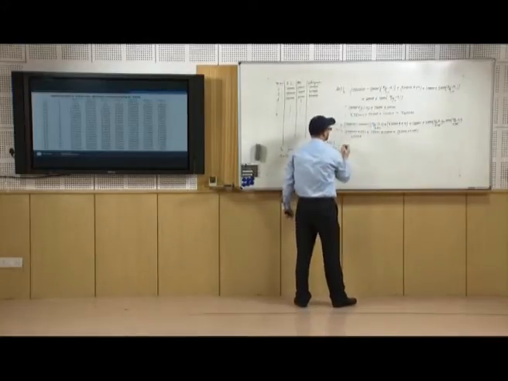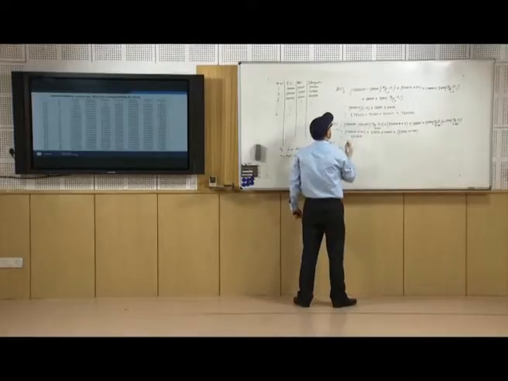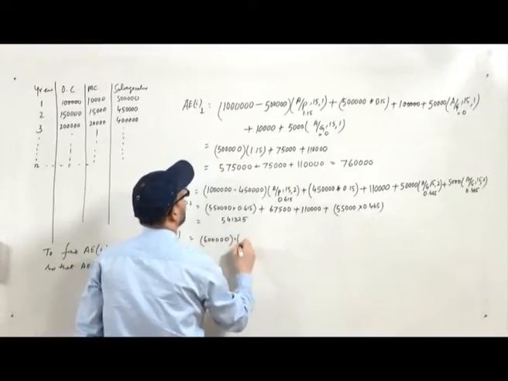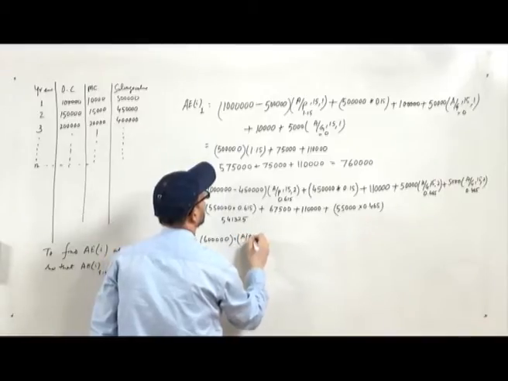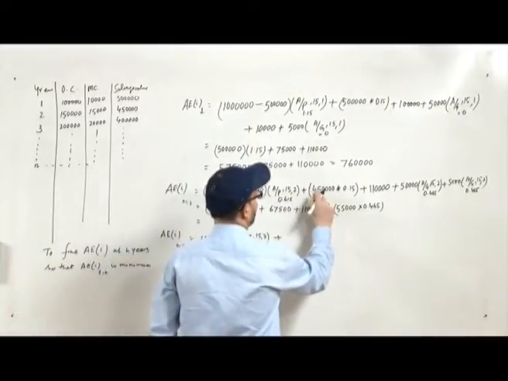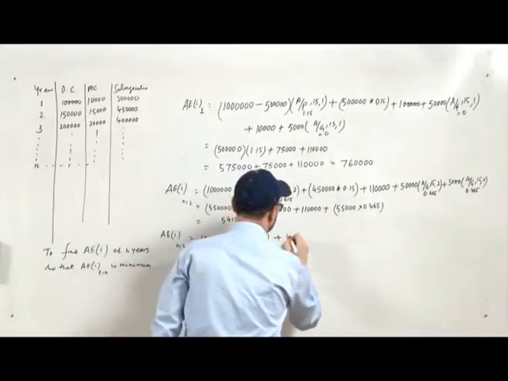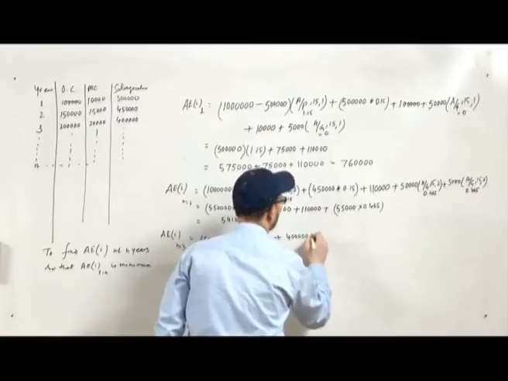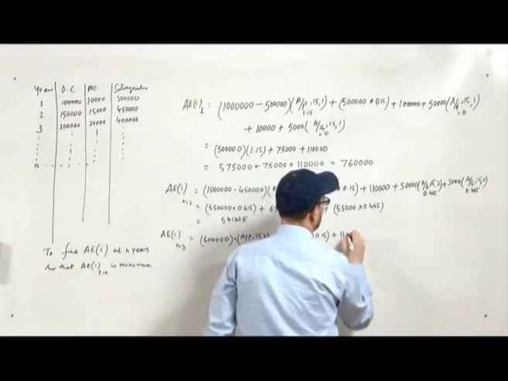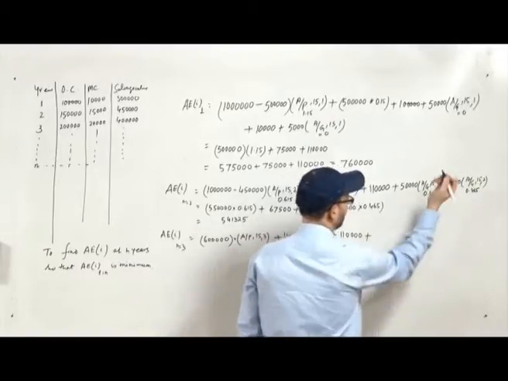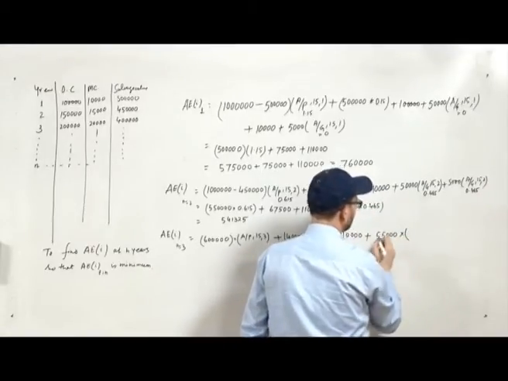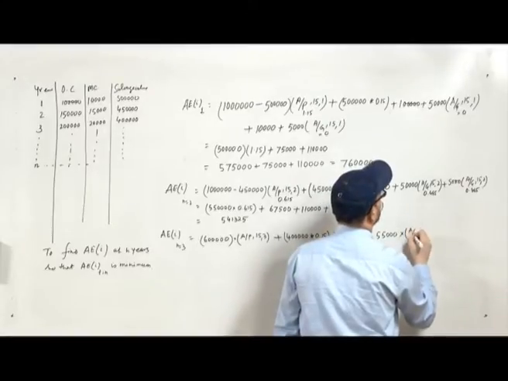So, we can directly use 10 lakh minus 4 lakh, so it will be 6 lakh multiplied by A by P 15,3, plus 4 lakh multiplied by 0.15, plus 110000 plus 55,000 multiplied by factor A by G 15,3.